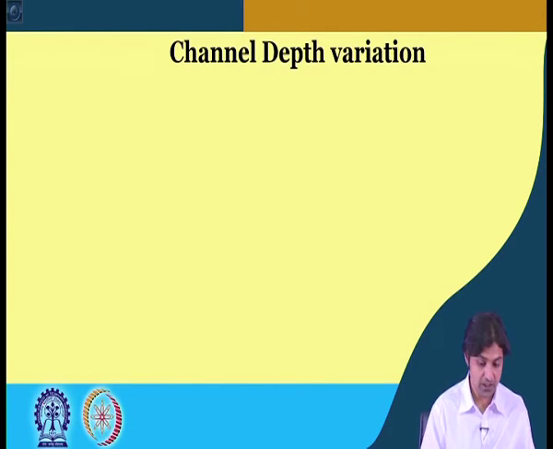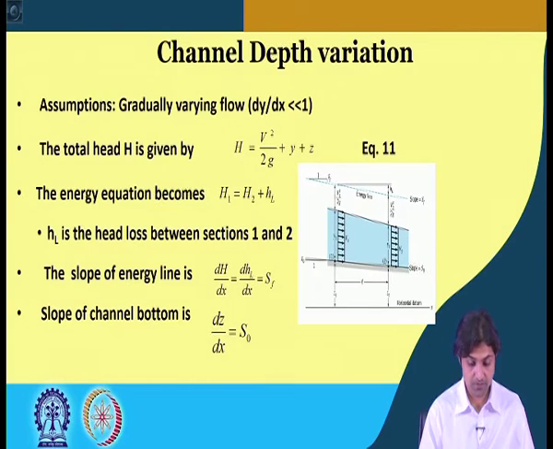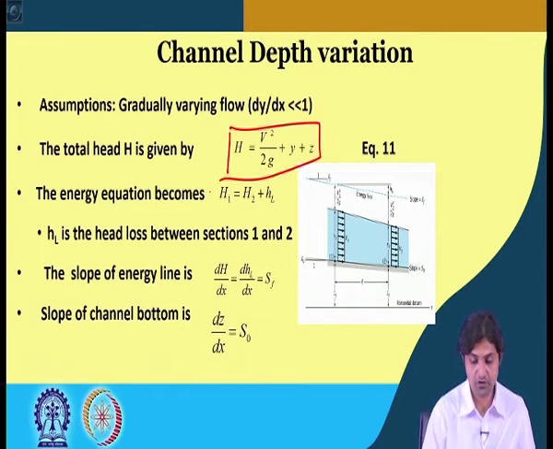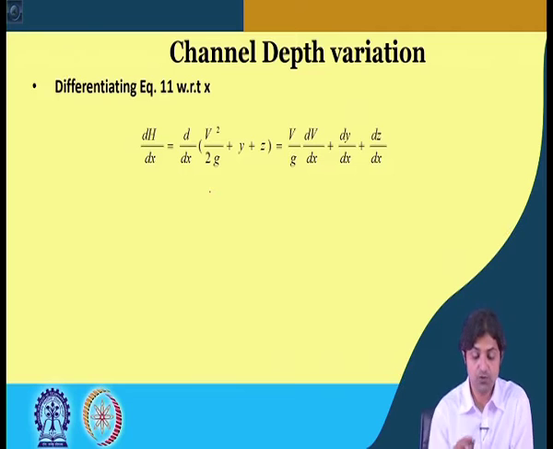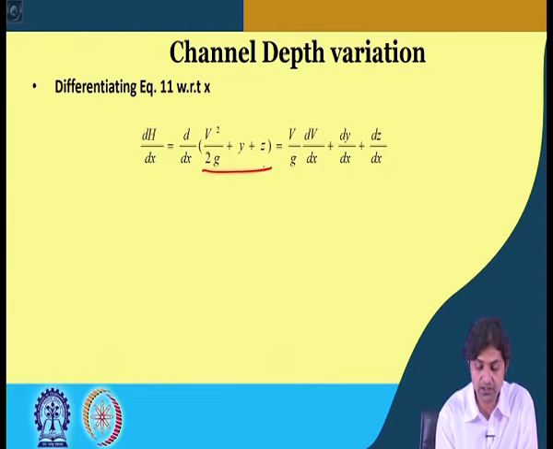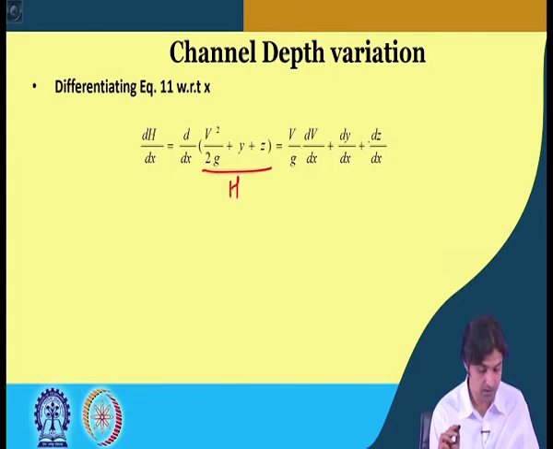Now, if you differentiate equation number 11 with respect to x, what are we going to get? dH by dx is equal to d dx of the whole H. Differentiating term by term, it becomes 2v by 2g, so v by g into dv dx plus dy dx plus dz dx, correct.